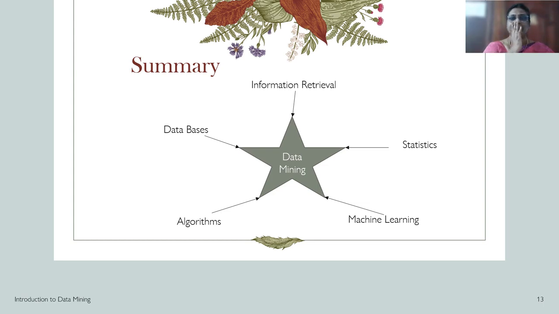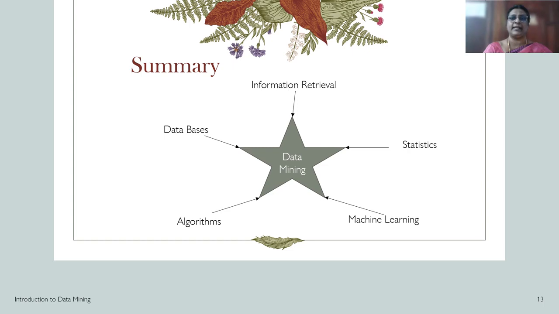Finally, when we want to summarize this module: data mining is mainly used to extract hidden information. There is voluminous data available, so we want to make use of the data. We want to extract the knowledge in that particular database, so we have to retrieve information.